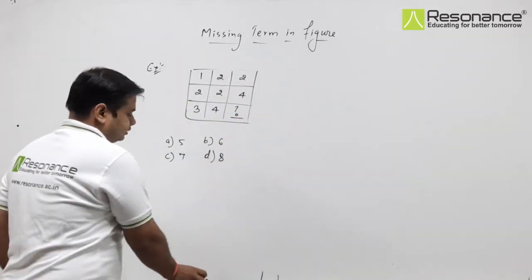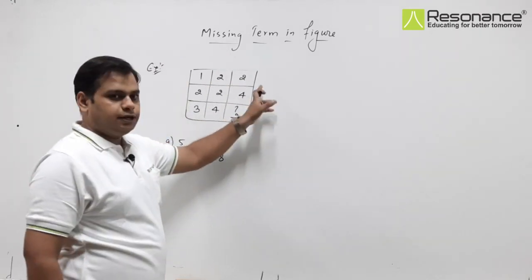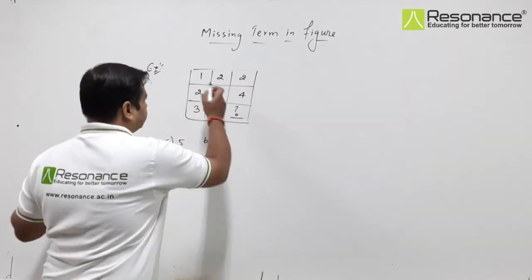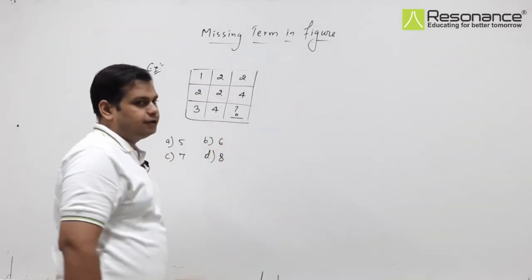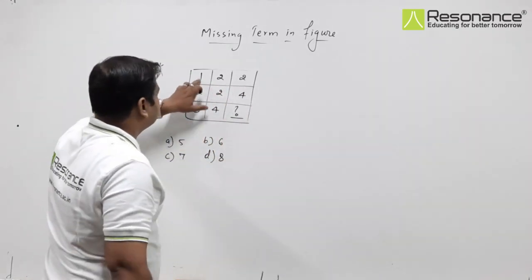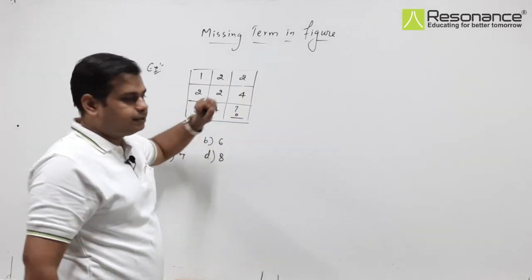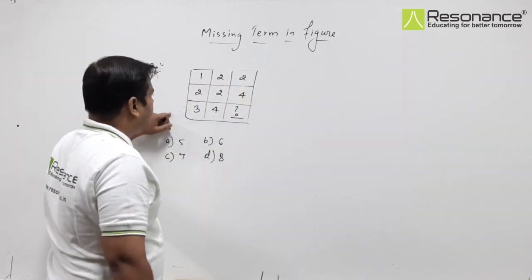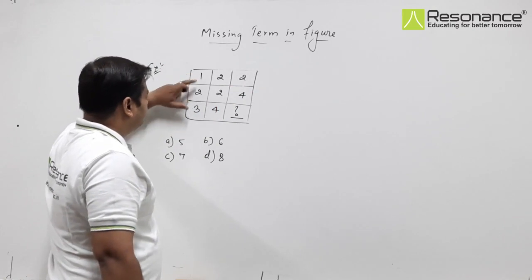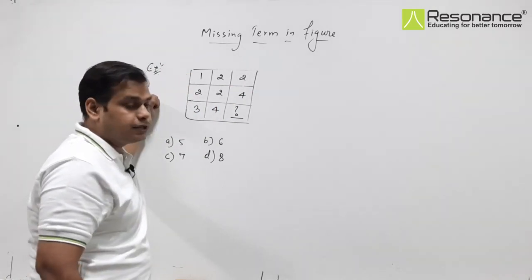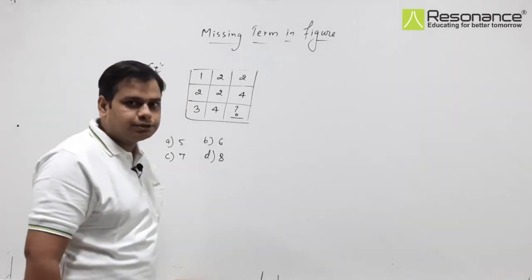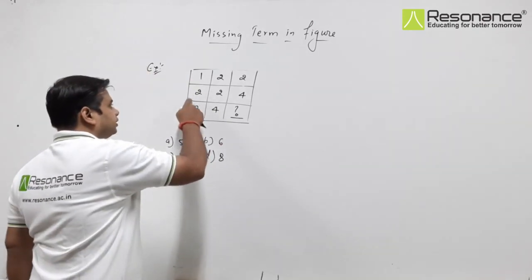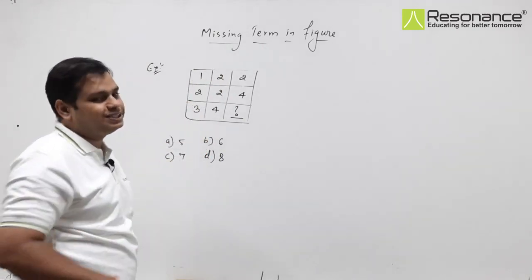Now we have to apply the logic. If we apply the logic row wise, from first and second number we have to relate the third number. That means how from first and second number the third number is related, or when applying column wise, from first and second number how the third number is related, or maybe from first and third number how the second number is related, or from second and third number how the first number is the result.